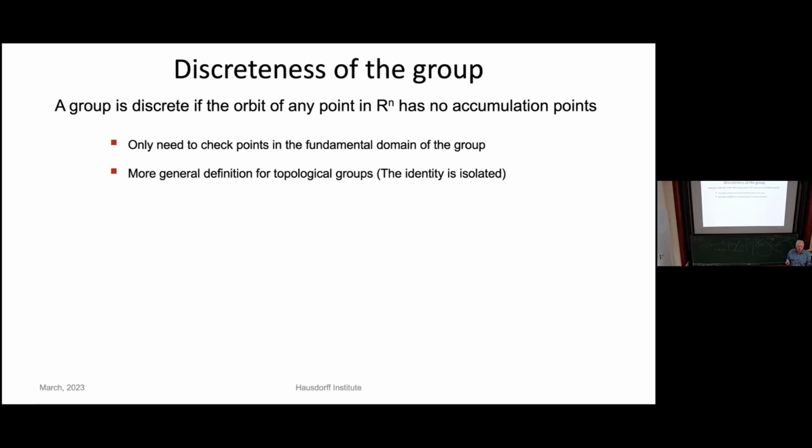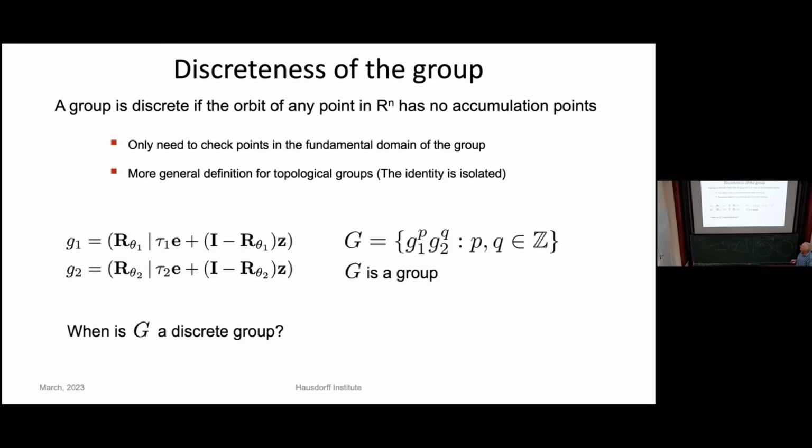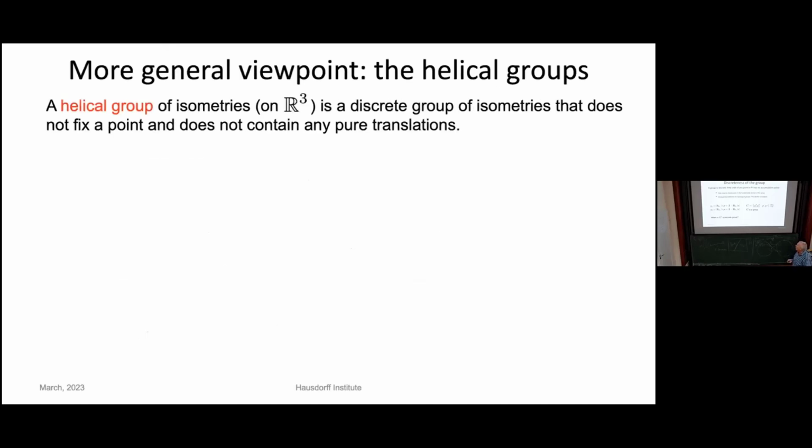If for every point in R3 its orbit has no accumulation points, then it's a discrete group. There's also a more general definition, but that's a good definition for us. So what are the restrictions on these parameters so that the group is discrete? That's what we need to know.